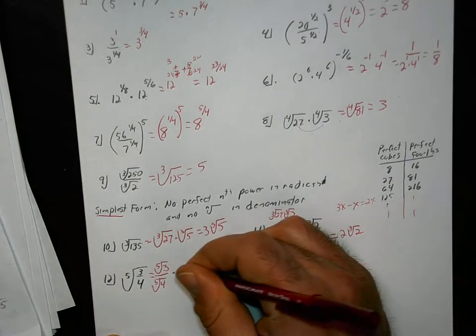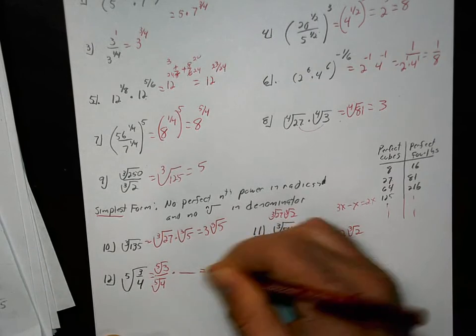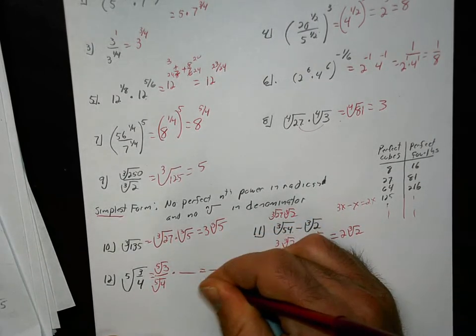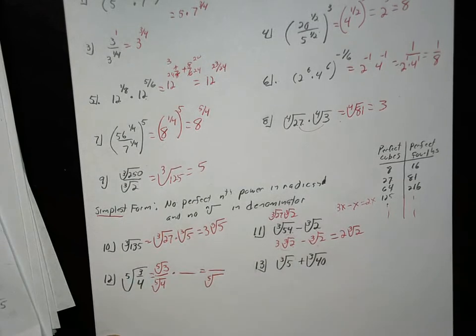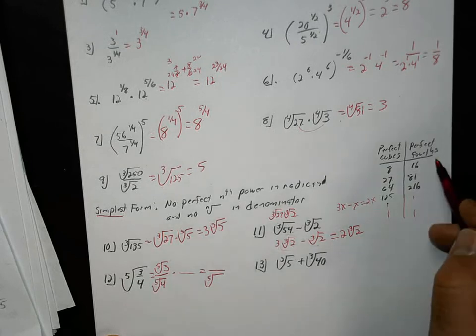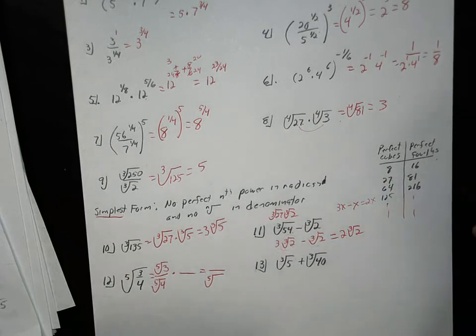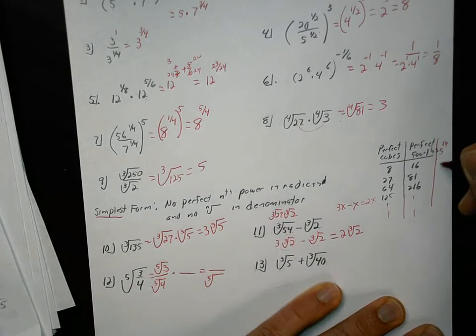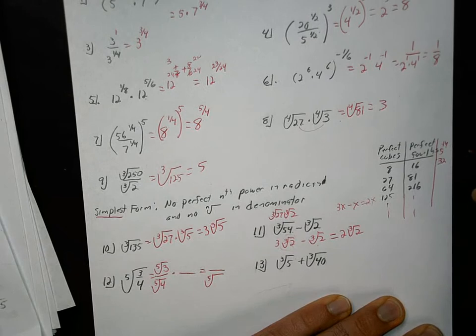But what we need to do, and this is a little tricky, is multiply this by something that gives me a perfect 5th power down here that I can take the 5th root of. I didn't write perfect 5ths, but 2 to the 5th is 32, 3 to the 5th is 243, I believe.